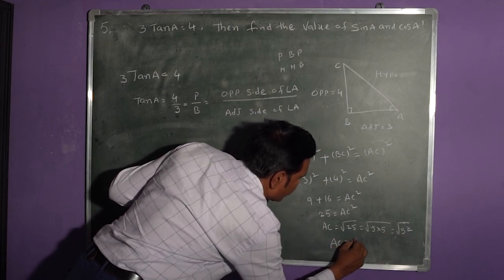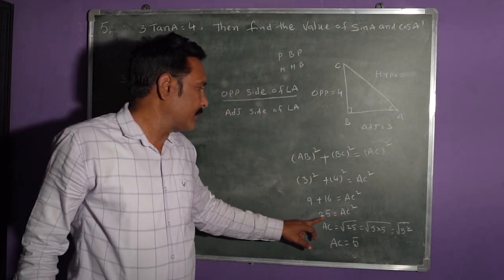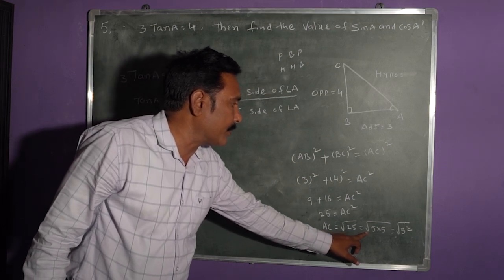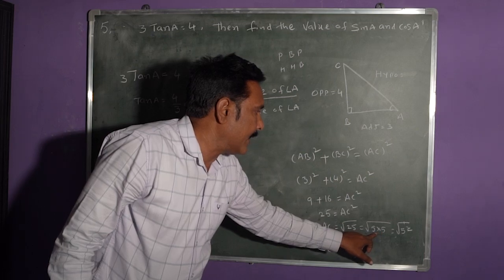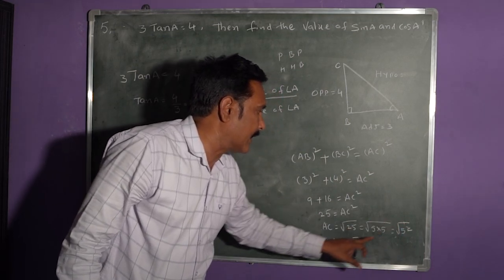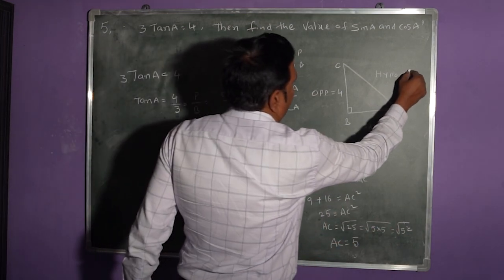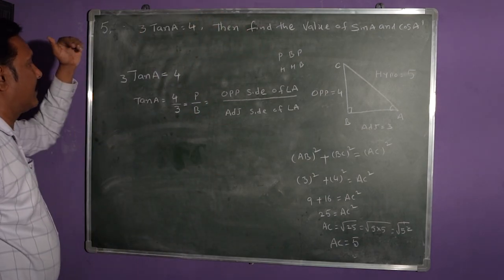Then AC is equal to 5. Hypotenuse is also there: 5. Then find the sine and cos values.